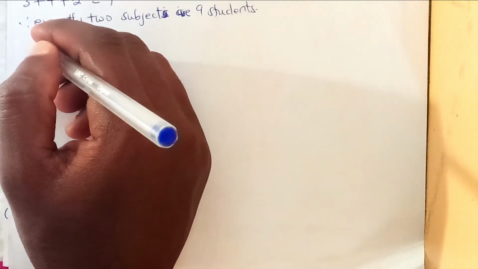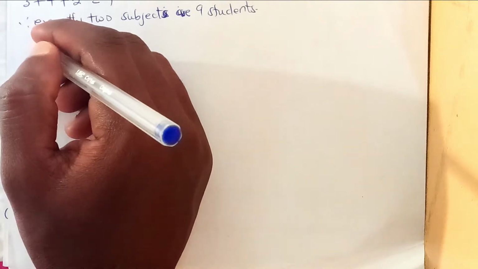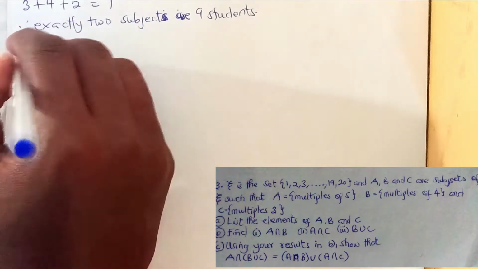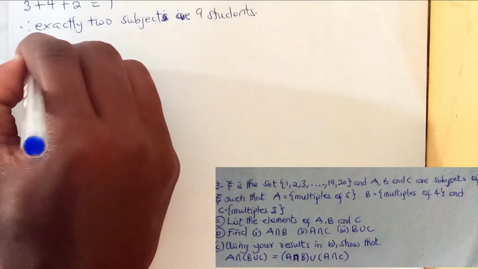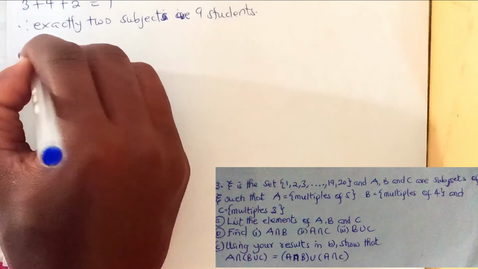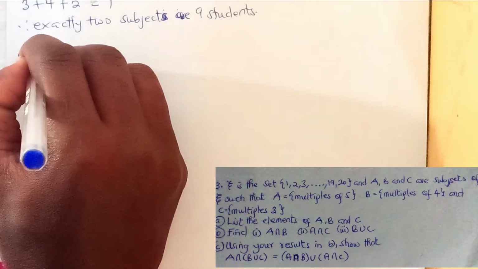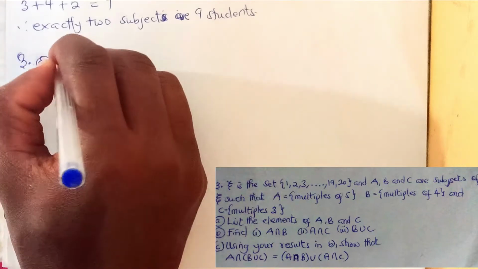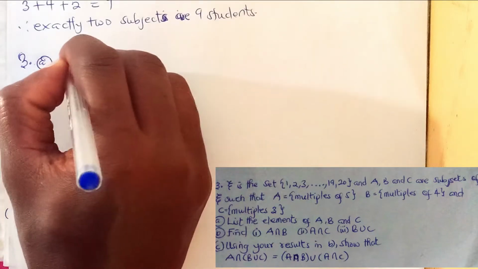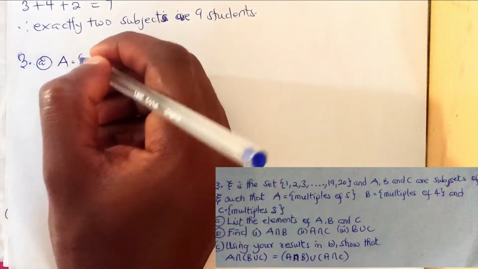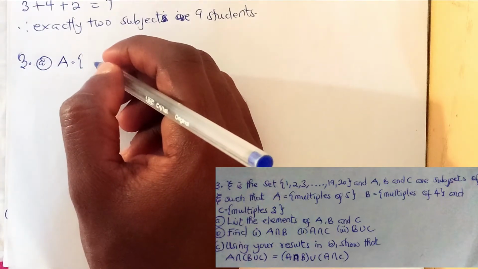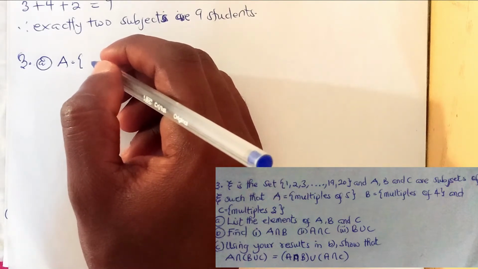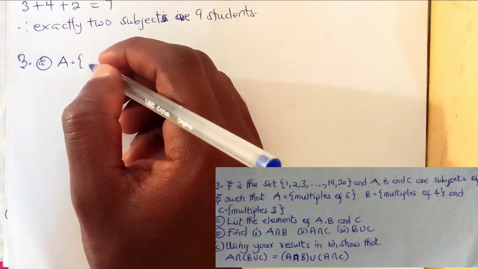Question 3. We are asked to find the elements of set A, B, and C. Let's start by set A. Set A is the multiple of 5, of which the universal set was given to us as 1, 2, 3, up to 20.